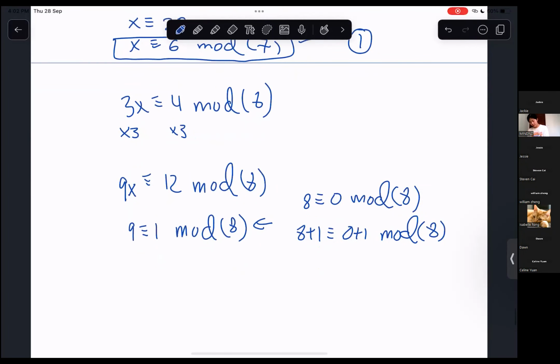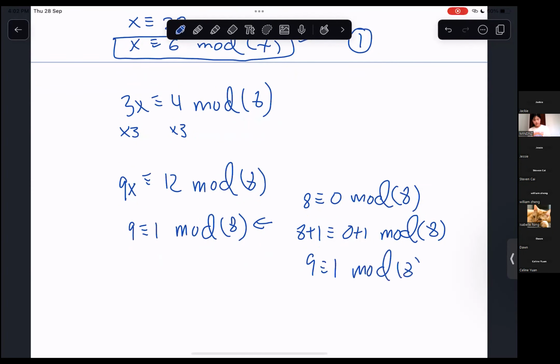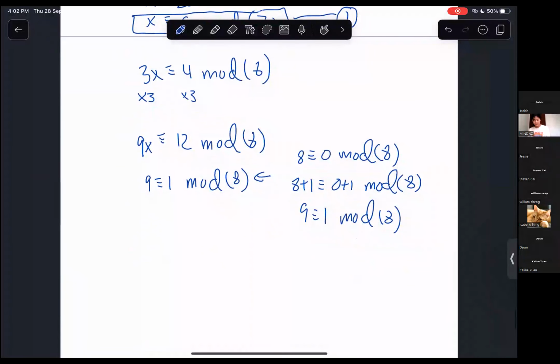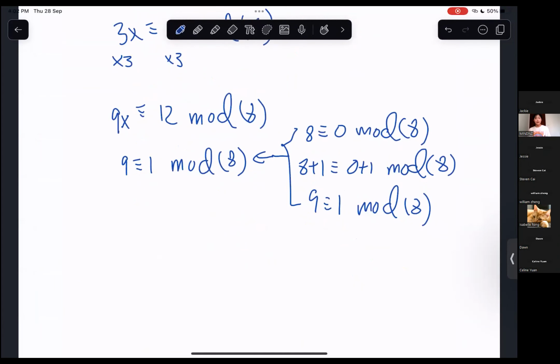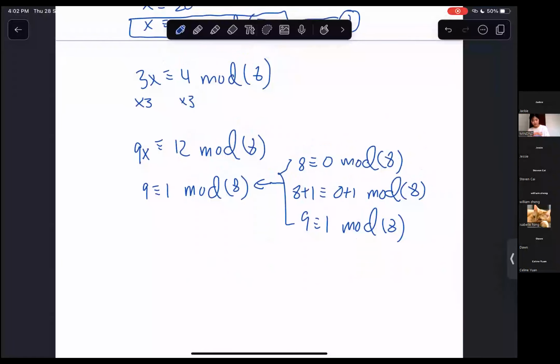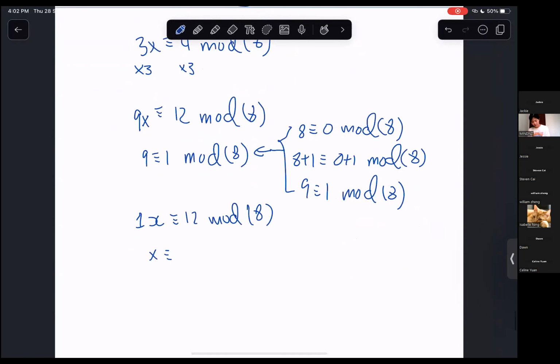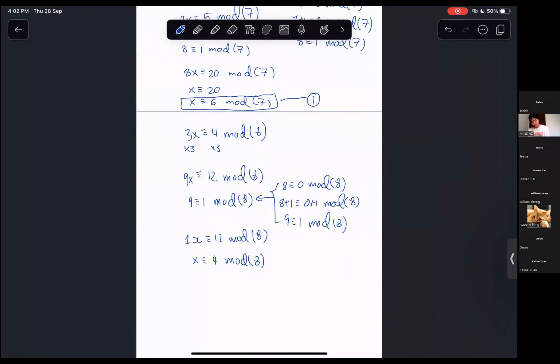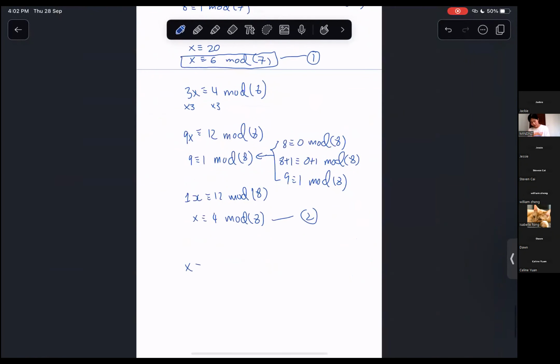So this is just a little addition process. Then we can substitute 1 instead of 9, so we get 1x congruent to 12 mod 8. Let's simplify a little bit further. So now we have two equations: x is congruent to 6 mod 7 and x is congruent to 4 mod 8.